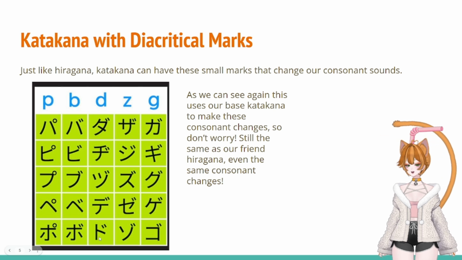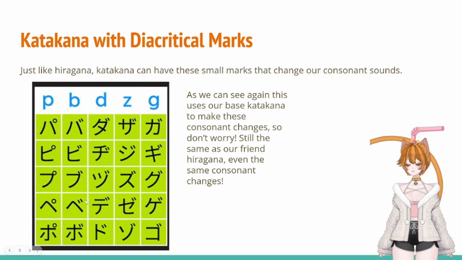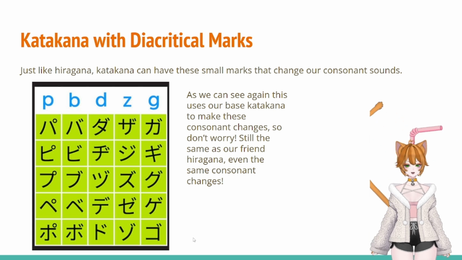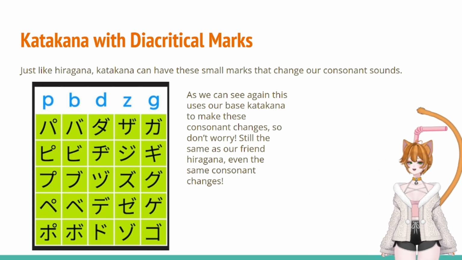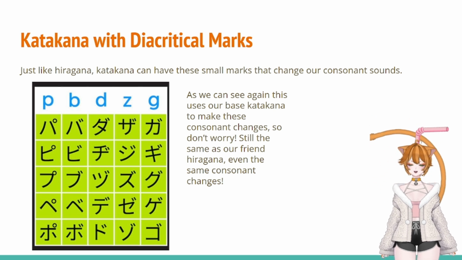De, do, ba, bi, bu, be, bo, pa, pi, pu, pe, and po. And as long as you went through and remembered your hiragana, it carries over to katakana as well, so don't worry about any changes.